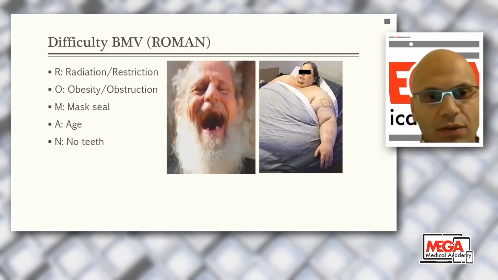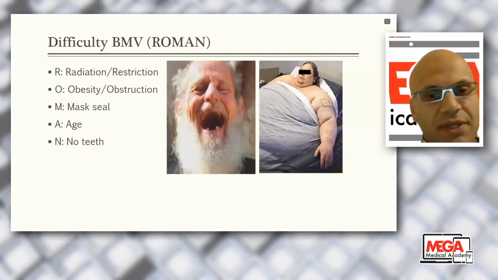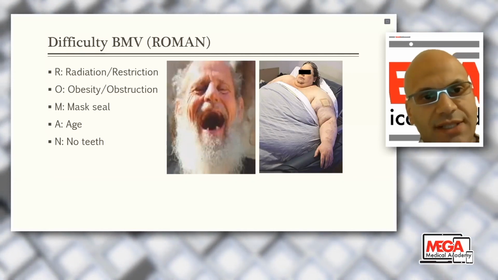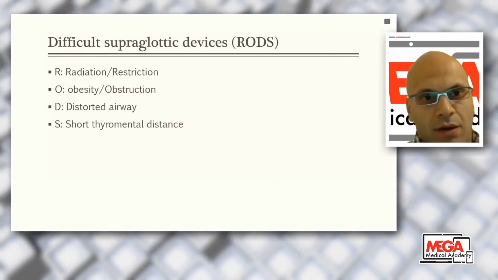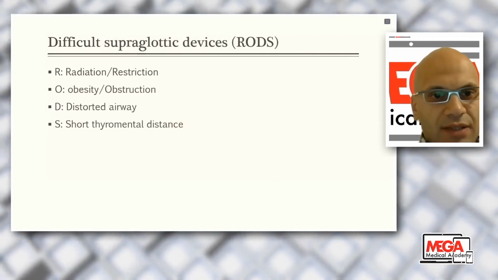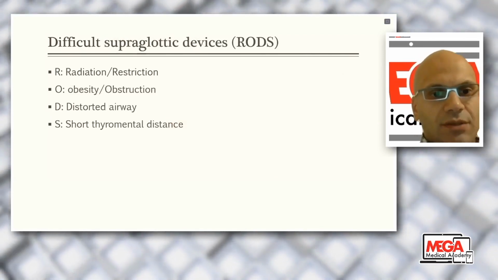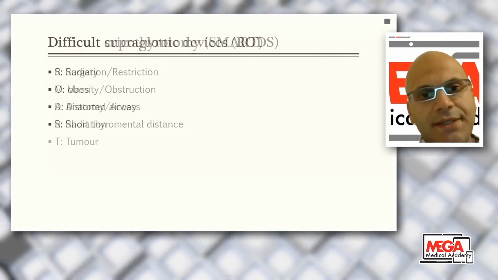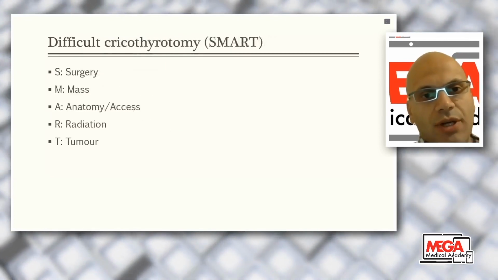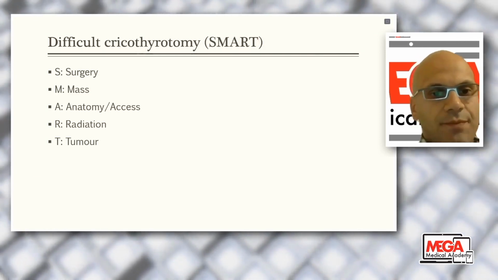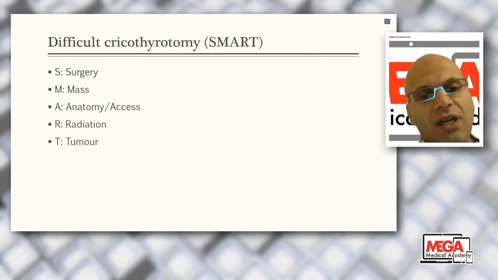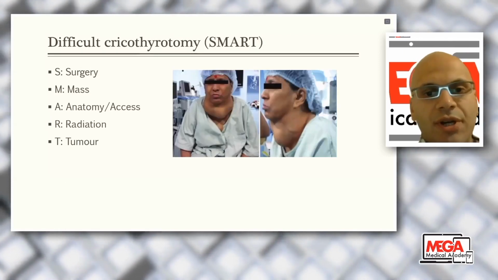Old age and no teeth are also parameters for anticipated mask ventilation difficulty. RODS for difficult LMA insertion: again radiation, obstruction, distorted airway, short thyromental distance. And SMART for cricothyroidotomy: any surgery in the neck, mass, distorted anatomy, radiation, or tumor.